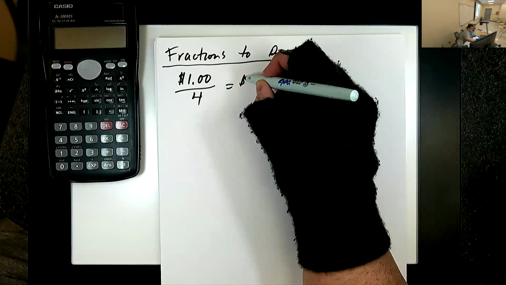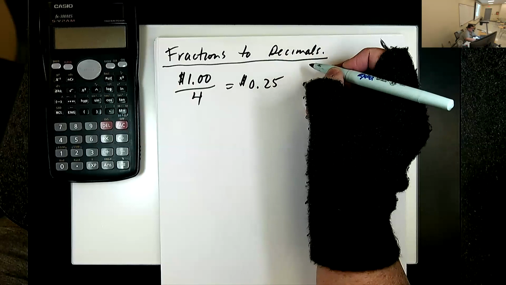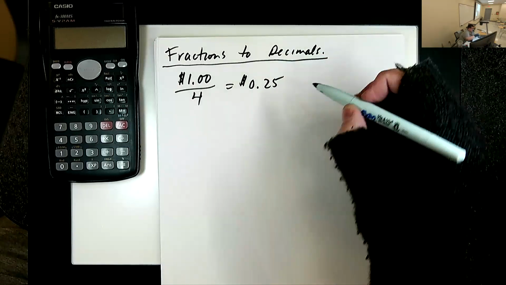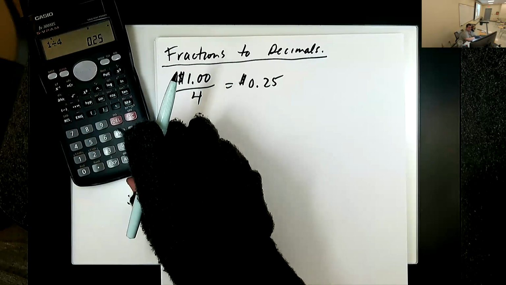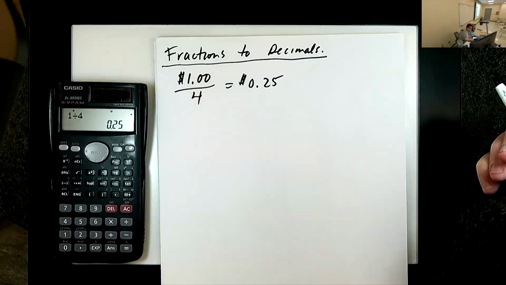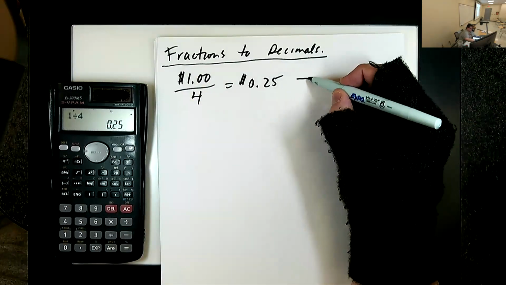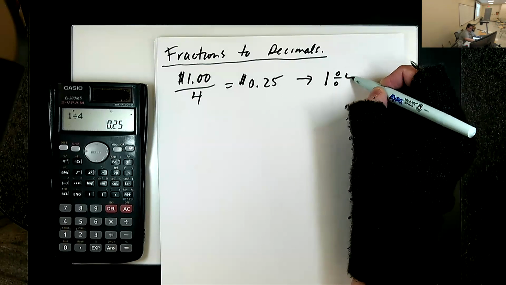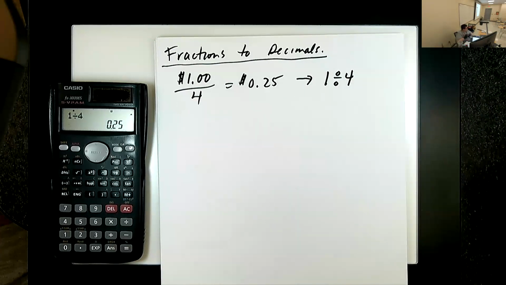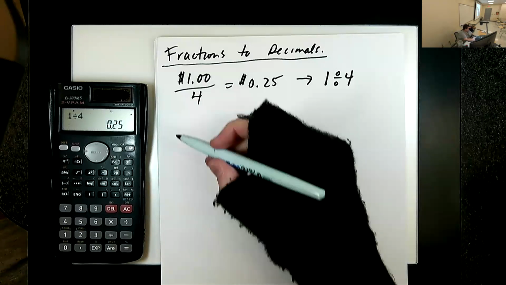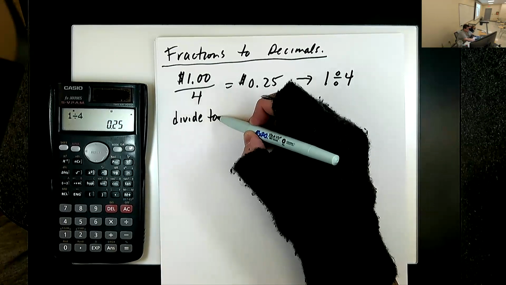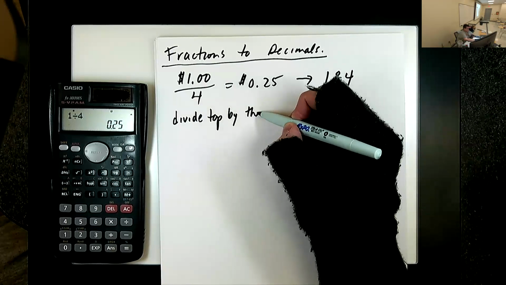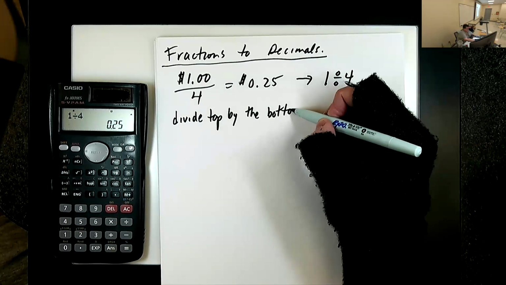It's 25 cents. If I do 1 divided by 4 in my calculator, I get 0.25. So this is just flat out division, and we said that earlier. I'm just reminding you now. Divide the top by the bottom. You should get a decimal equivalent.